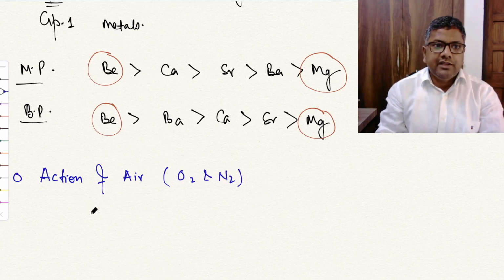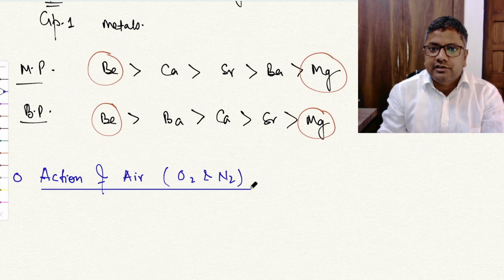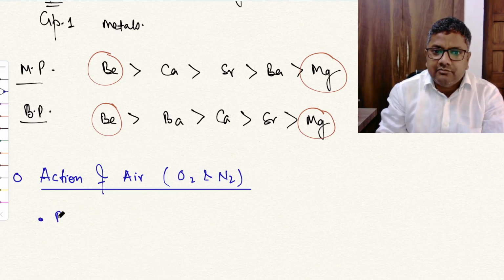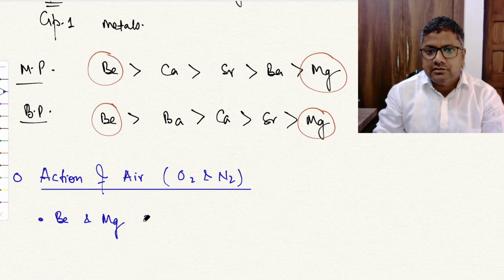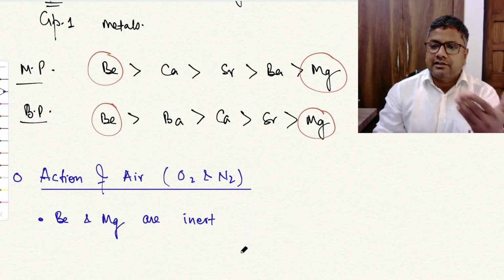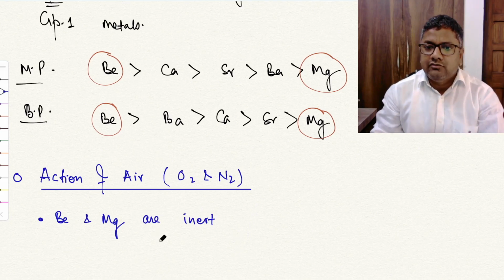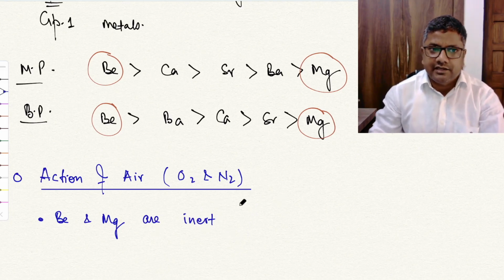So see, the first important point is that beryllium and magnesium are kinetically inert, because the word inert itself indicates that we are talking about a kinetic term.